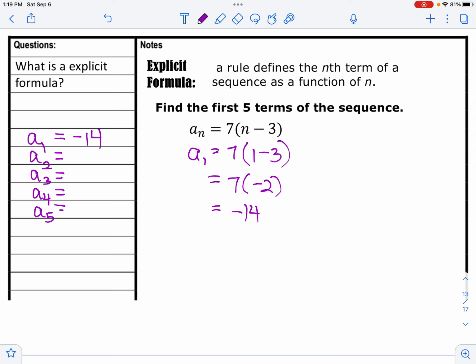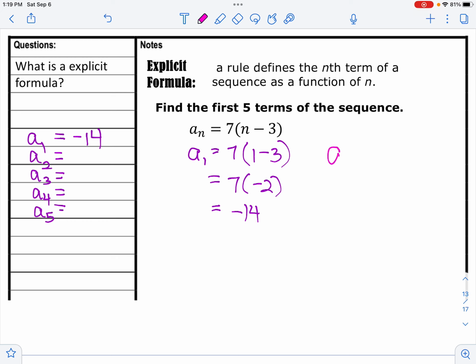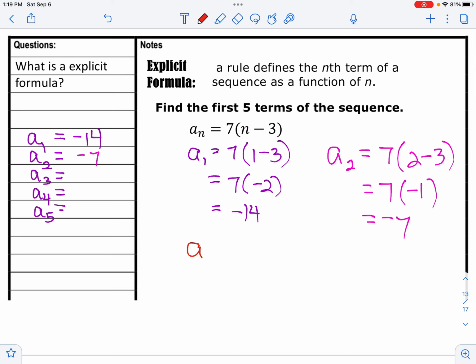Okay, so now if I do 2, I'm just doing 7 times 2 minus 3. And that's negative 1. That's going to give me negative 7. Okay, now I'm going to put a 3 in.